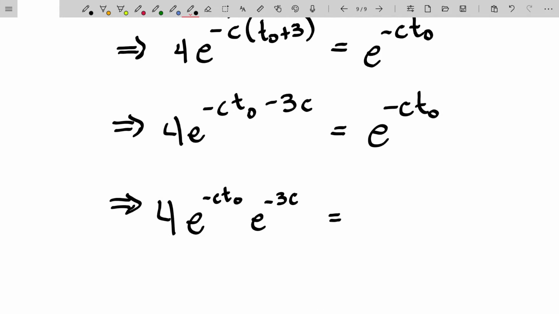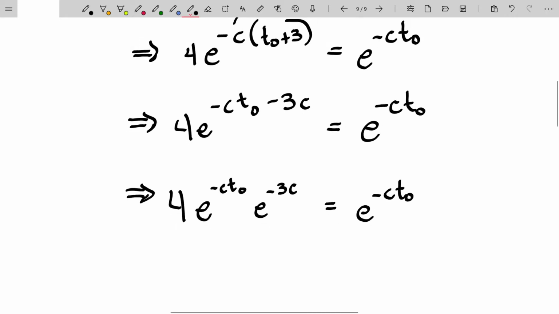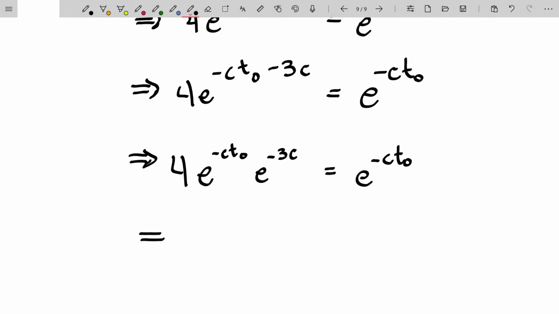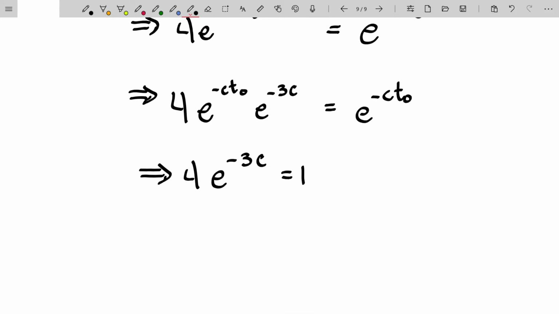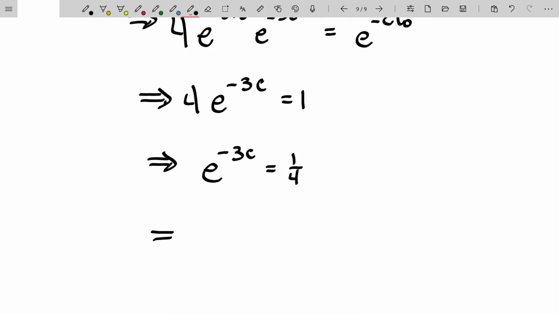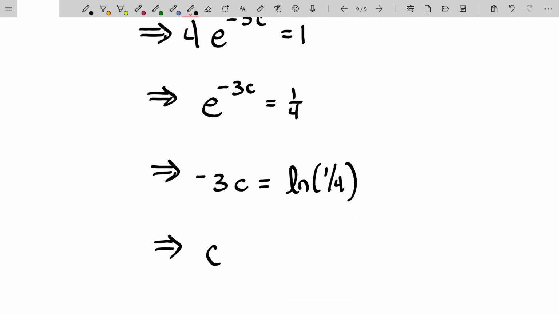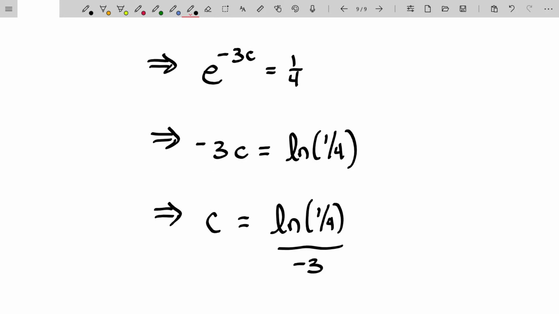Multiply those two bases together, you'd add their exponents. And I can divide both sides by e to the negative c t naught. And so you get this, 4e to the negative 3c is equal to 1. Well, now I'm going to redivide both sides by 4 because I didn't realize I was going to actually need that on the right-hand side. And I'll take the natural log of both sides.